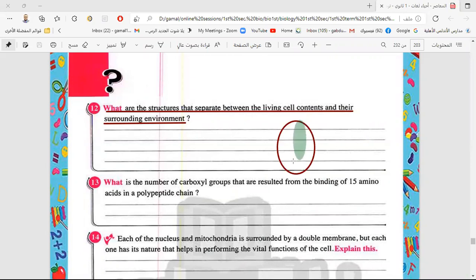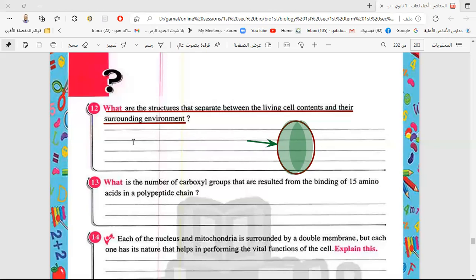This is found in both plant and animal cells. Is it the cell wall or the plasma membrane? Cell wall and cell, plasma membrane, of course. The answer is the plasma membrane, which is found in both the plant cell and the animal cell.